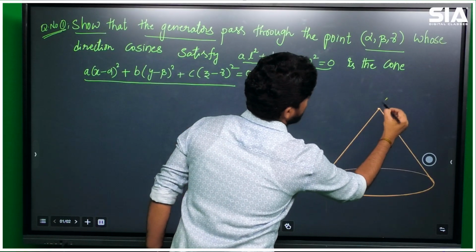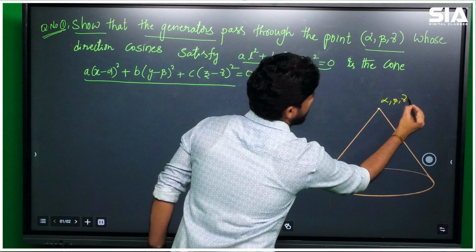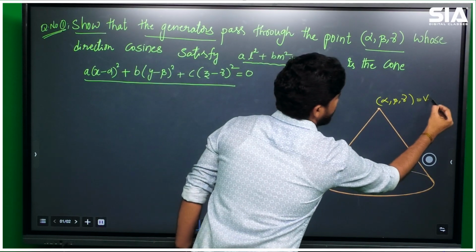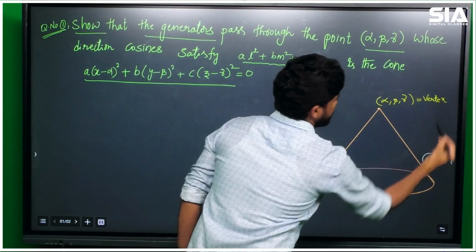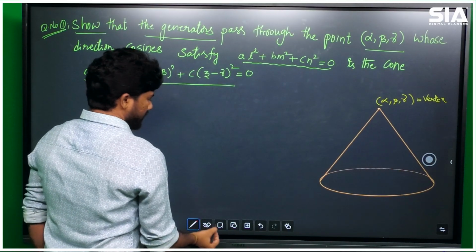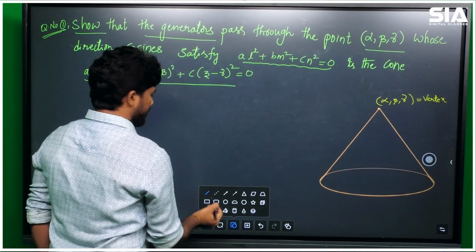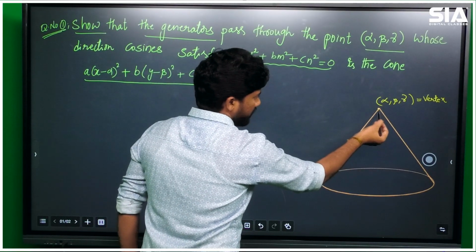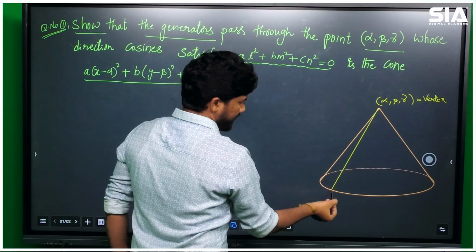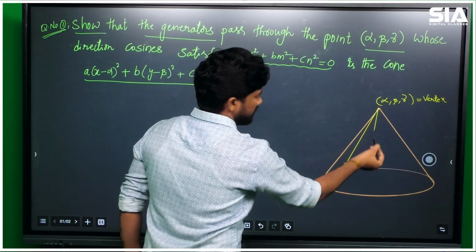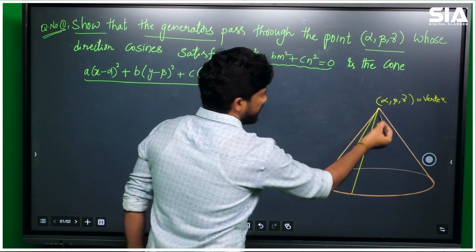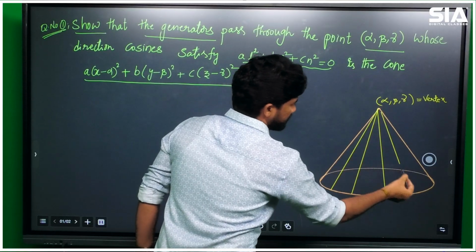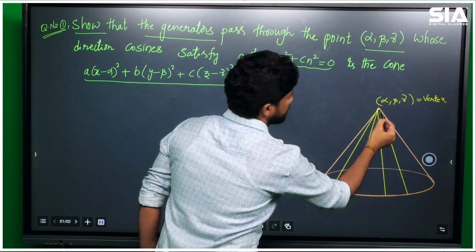Now a generator is nothing but, for any cone, any line which is passing through the vertex of the cone. So these are the different generators passing through the vertex of the cone, like this.